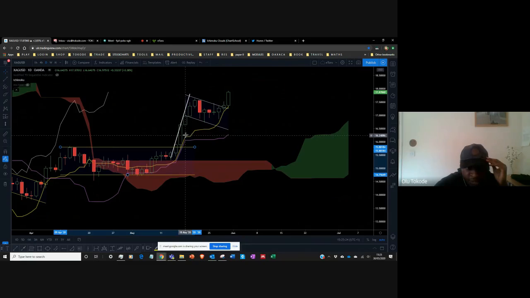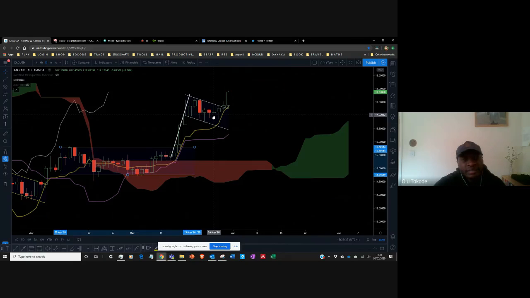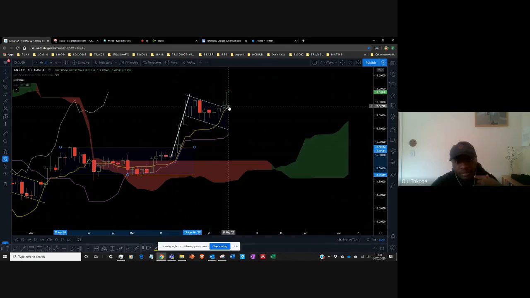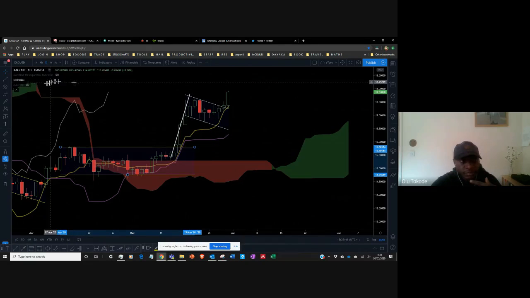Then the conversion line separated from the baseline. Somewhere around that date, the lagging span broke out of the cloud. So this is almost giving you confidence that this is in bullish territory. This is a signal to go long.